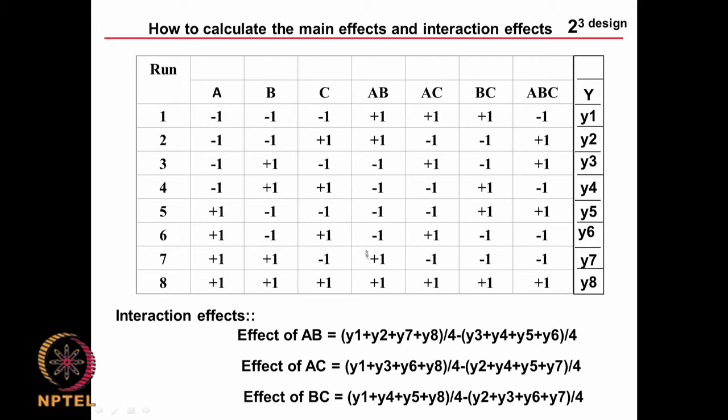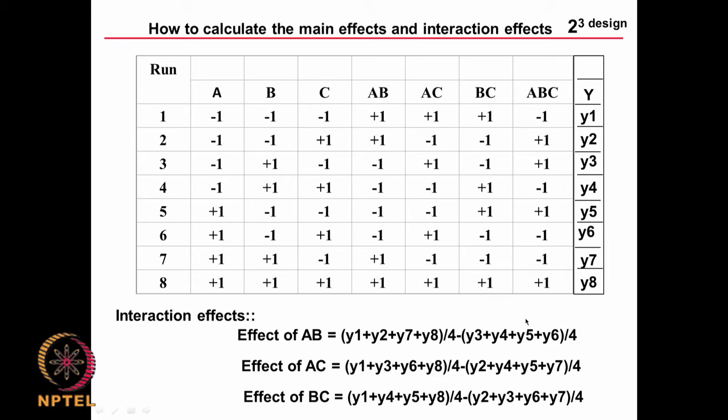So, how do you calculate AB? You have 4 places plus, that is y7, y8, y2, y1. So, y1 plus y2 plus y7 plus y8 divided by 4, and you have 4 places you have minus. So, y3, y4, y5, y6 divided by 4. So, this result will give you the interaction effect AB, very simple.